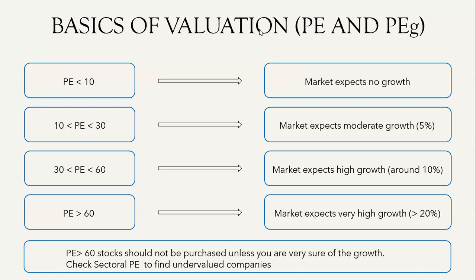If a company has a high PE and low growth, that's a disaster waiting to happen. It will get destroyed by the market. And what is low PE, low growth? No one really cares about it, right?